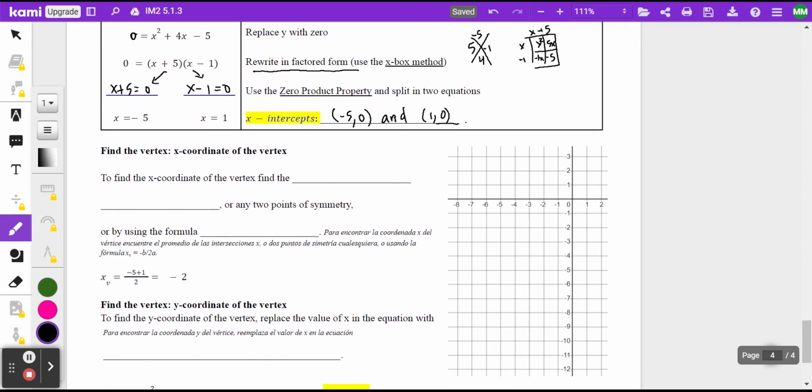Then we need to find the vertex. First, we find the x-coordinate of the vertex. And in order to do that, we average the x-intercepts.